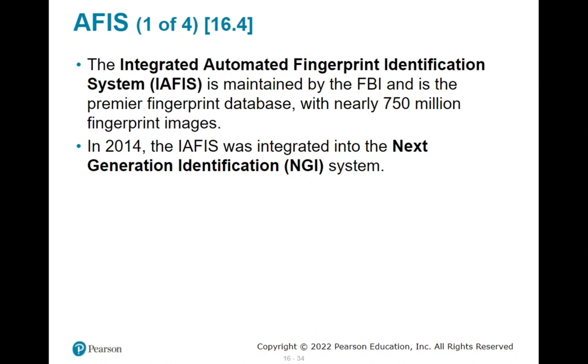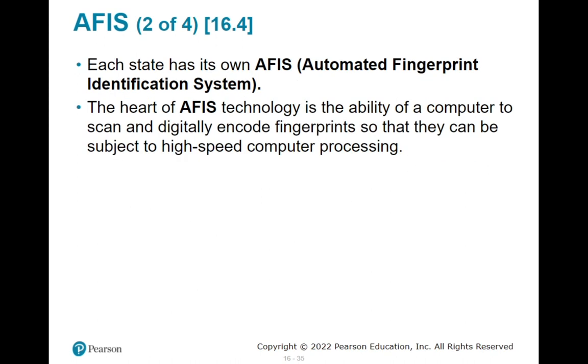There's nearly 750 million fingerprint images on this database. We talked about how there's the DNA databases and the shoe print databases and paint databases. Well, this is fingerprints. In 2014, the AFIS was integrated into the Next Generation Identification, or NGI, system. We'll talk more about that at the end of these PowerPoint slides.